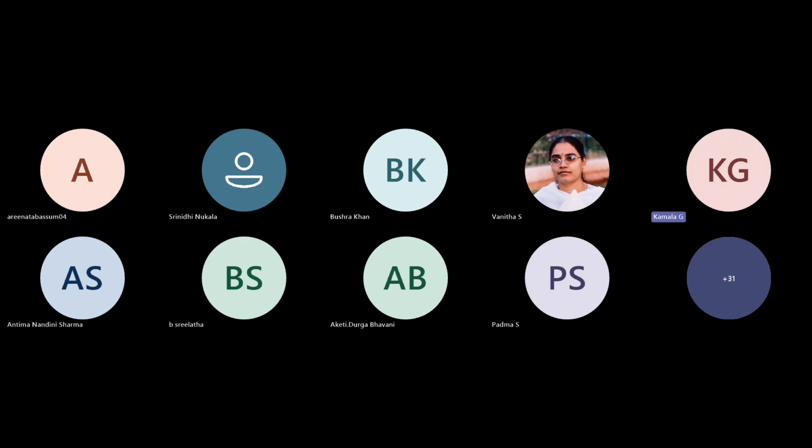Is it clear, ma'am? Now we can download it here as a PDF document, and this document can be used further in any paper publication or anywhere. Is it clear, ma'am?